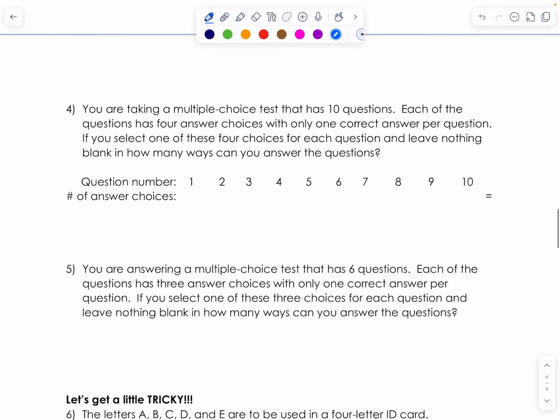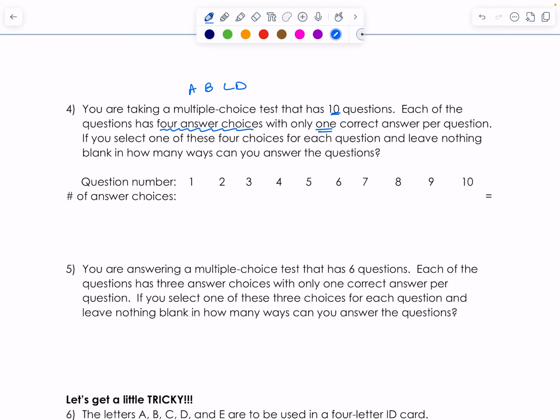All right. You are taking a multiple choice test, and that test has 10 questions. Each question has 4 answer choices, A, B, C, D, with only 1 correct answer per question.